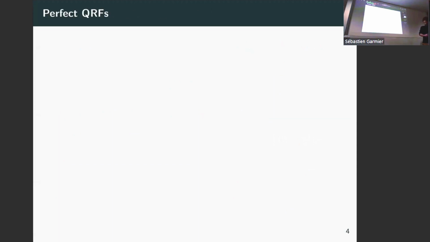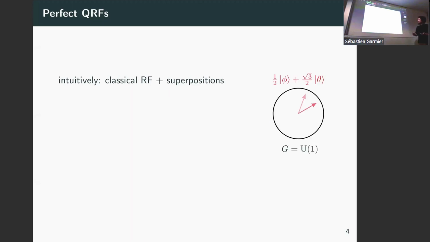So much for classical reference frame transformations. Let's now go to quantum reference frames, and let's begin with the perfect one because they're slightly easier to deal with. The idea behind the perfect quantum reference frame is actually quite simple. It's essentially a classical reference frame, plus we allow all the quantum stuff. So our frame that we had before, the pointer, can now be in a superposition of two states or more.